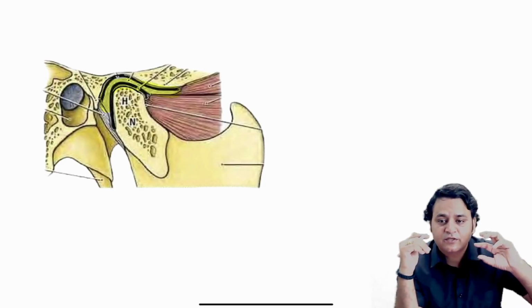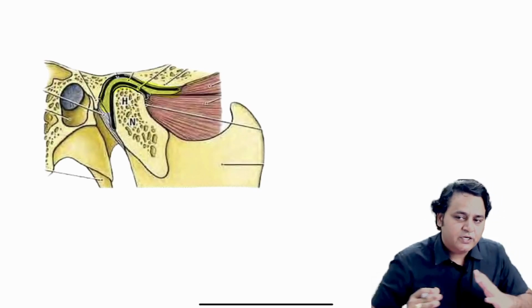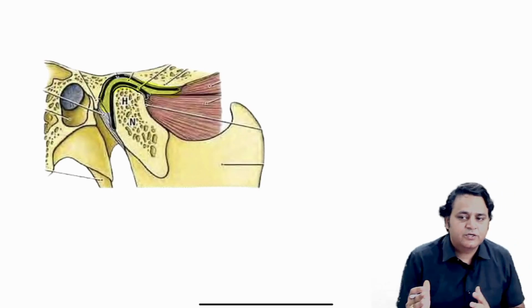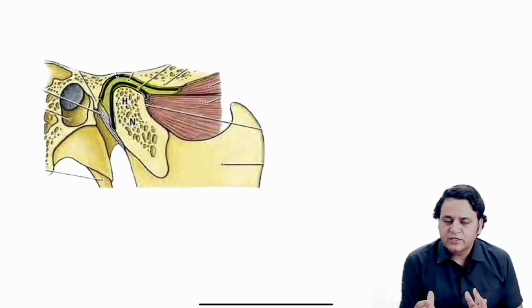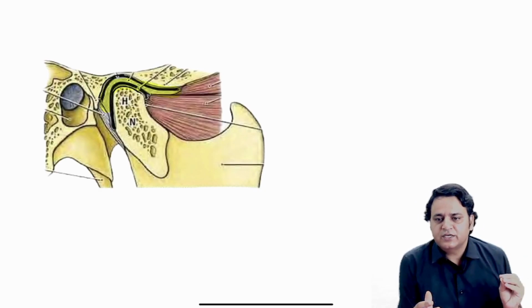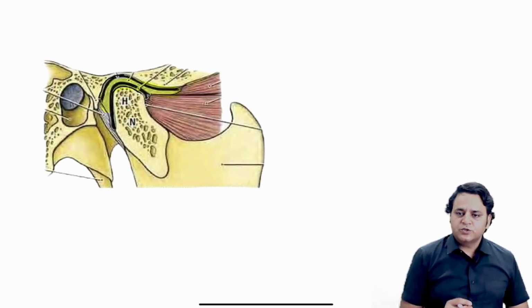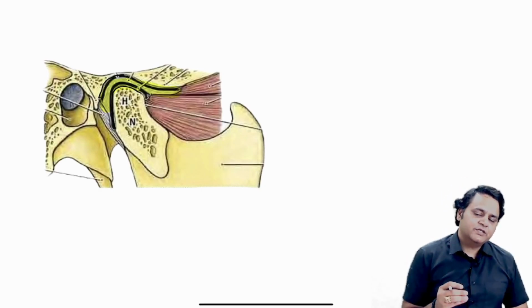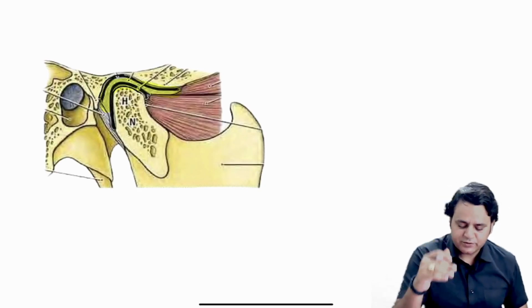That's why it divides the friction force between the rotatory movement and the sliding movement, and that's why there is no arthritis or very little chance of arthritis in the TMJ. So these are the very peculiar features of the articular disc of the TMJ.